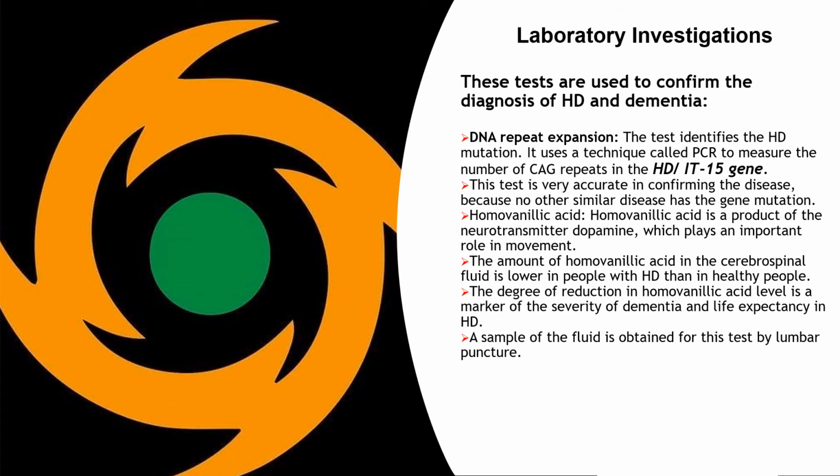The amount of vanillic acid in the cerebral spinal fluid is lower in people with Huntington's than in healthy people, and the degree of reduction in vanillic acid level is a marker of severity of dementia and life expectancy in Huntington's. A sample of the fluid is obtained for this investigation by lumbar puncture.